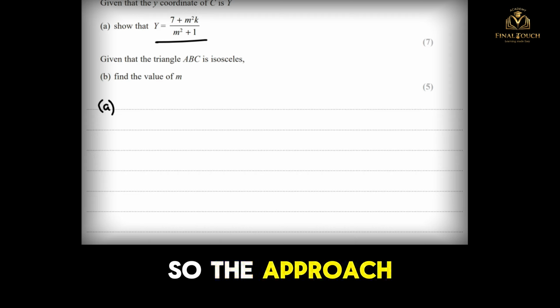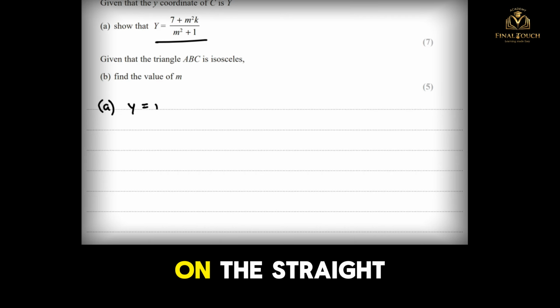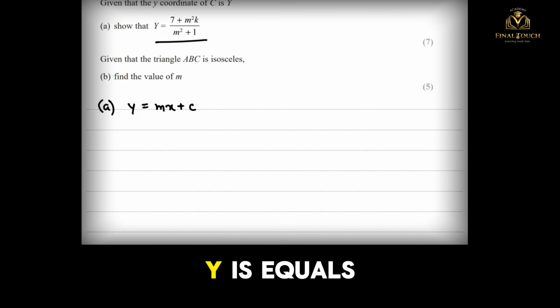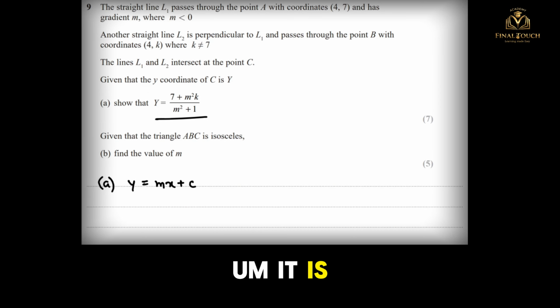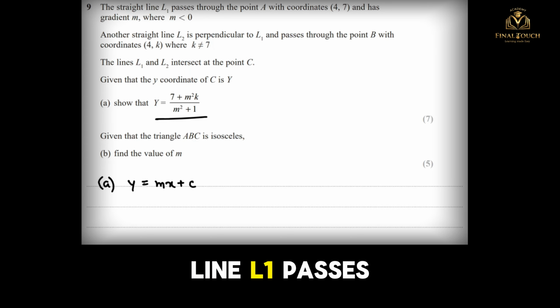So the approach to this question would be based on the straight line equation format, y equals mx plus c. It is given that the coordinates that line L1 passes through are 4, 7.